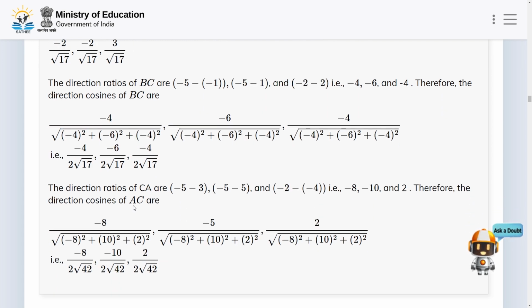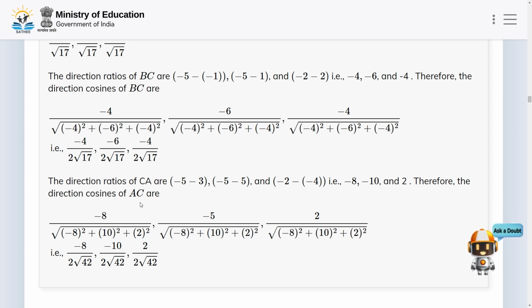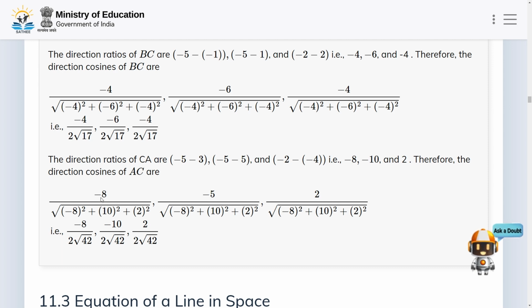Now for the direction ratios of CA, you have -5 minus 3, -5 minus 5, -2 minus (-4). You will have -8, -10, and 2. Therefore, the direction cosines of AC are -8 divided by root of (-8) whole square plus 10 square plus 2 square, -10 divided by the same, and 2 divided by the same.